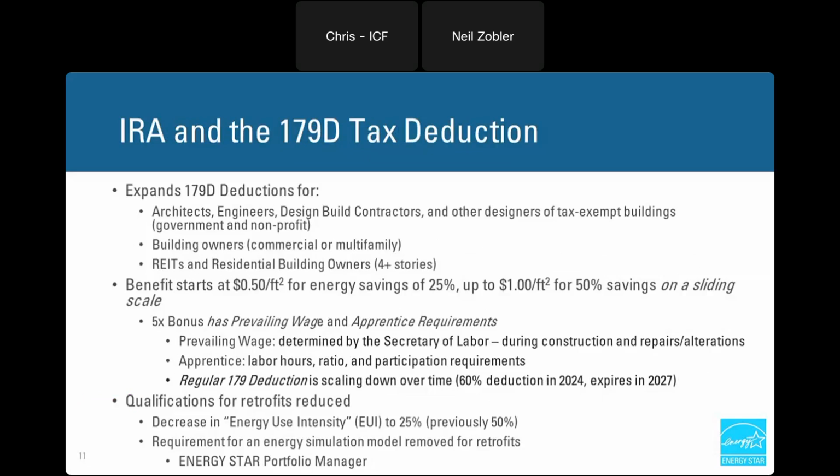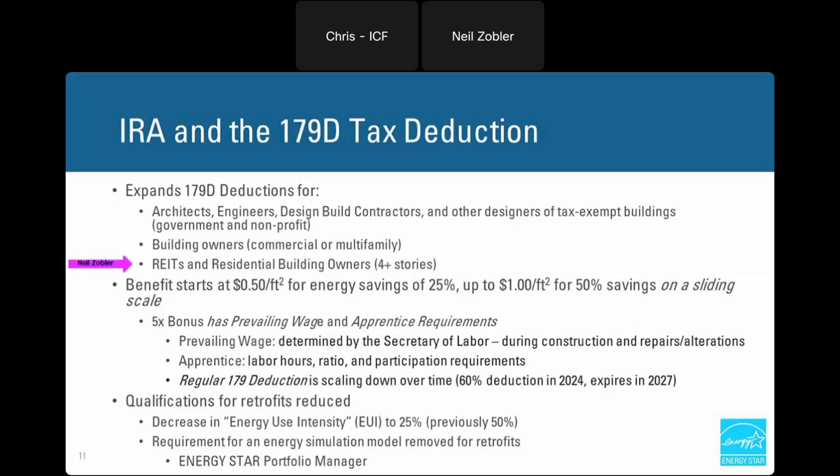So let's start with the 179D under the Inflation Reduction Act, which expands the deductions and opens it up to architects, engineers, design build contractors, and other designers of tax-exempt buildings, both government and nonprofit. That's the big change. Of course, building owners, commercial and multifamilies also benefit due to the changes, but the big change really is in the tax-exempt area.